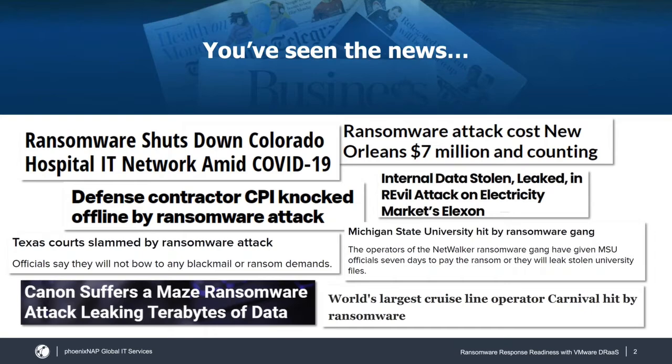They're also starting to leak the data they've taken, to put you in a position where you are more willing to pay because you don't want your compromised data leaked to the internet. So it's become a very hot topic, and by the number of people on the call today, I think that is definitely the case.